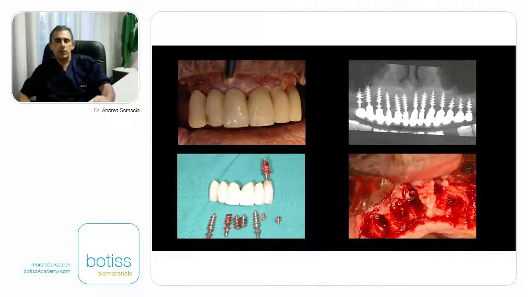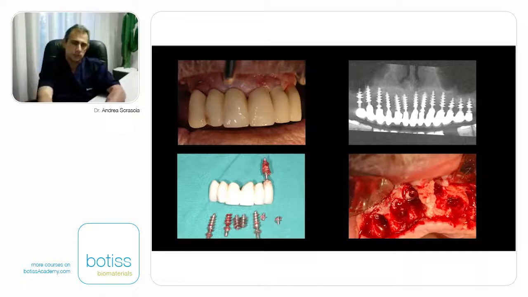For example, on the top left picture, you can see the implant on the 1.3 coming out of the mucosa. But the anatomy of the area made it impossible to get more connective tissue.